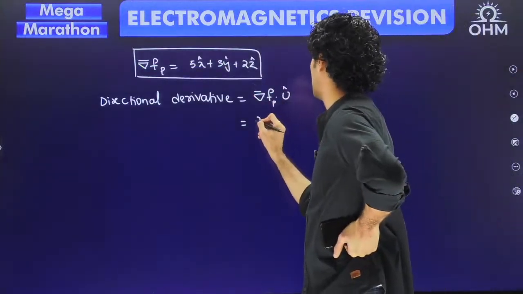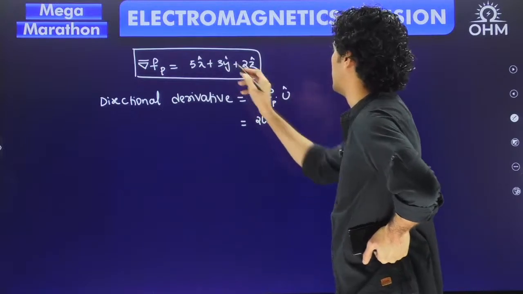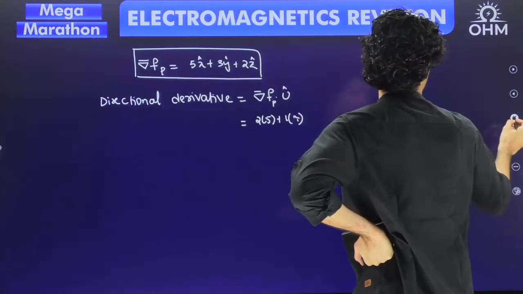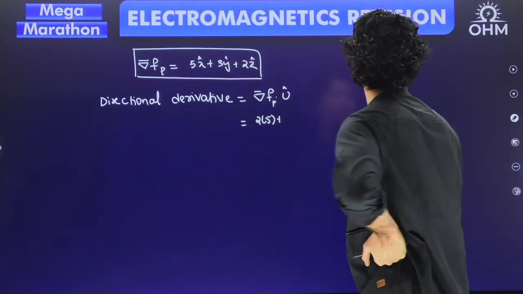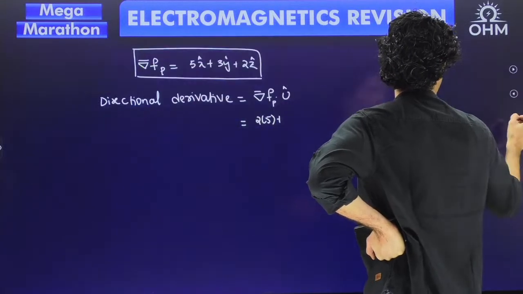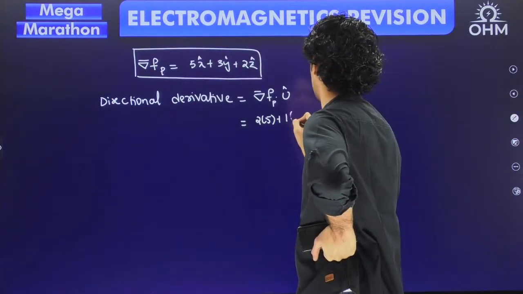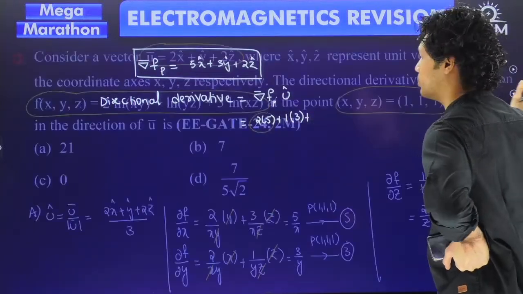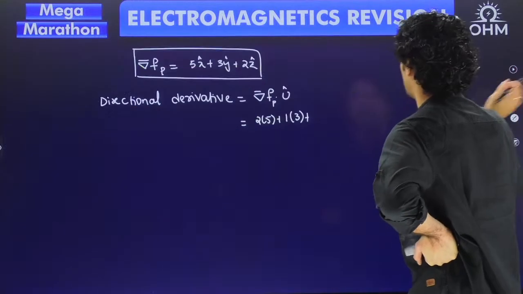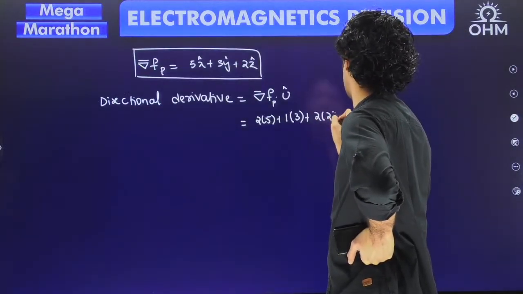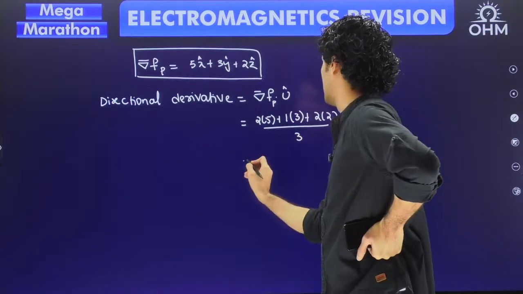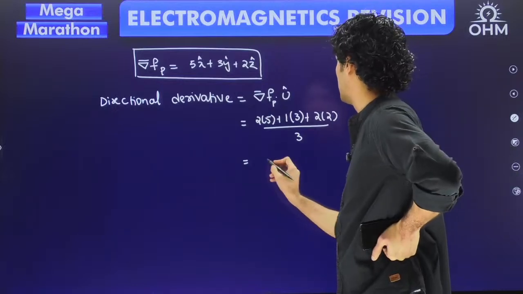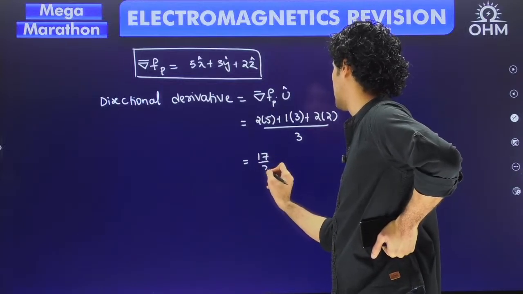So this is 2 into 5 plus the y component, here 3 and there 1, so 1 into 3, plus the z component, here 2, there also 2. So this is 2 into 2, divided by the denominator 3. If you do the calculation, 10 plus 3 is 13, 13 plus 4 is 17, 17 by 3.